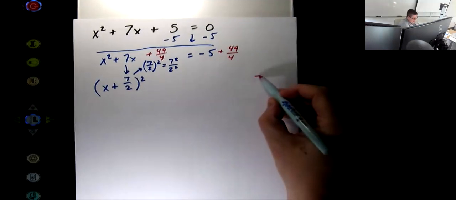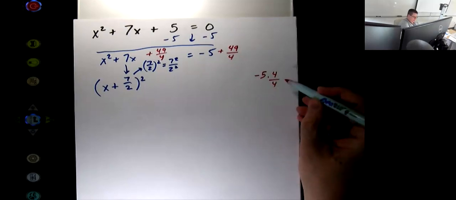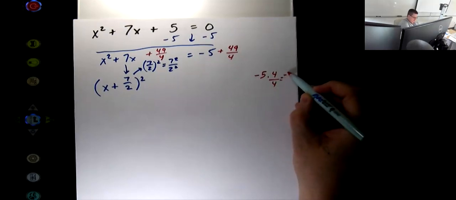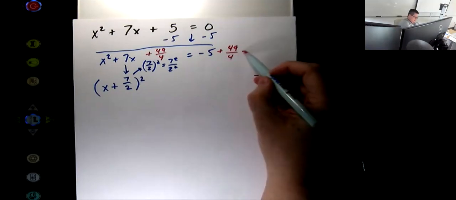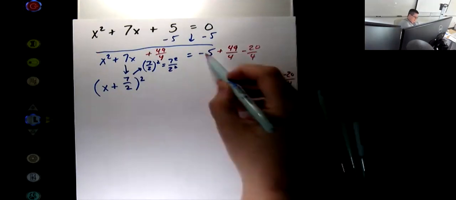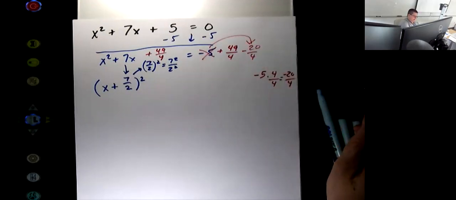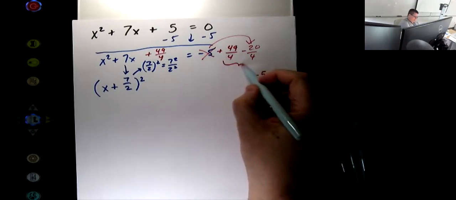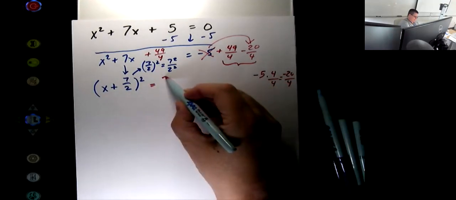If I write -5 with a denominator of 4, I gotta multiply by 4/4, and that would give me -20/4. So I'll put this up here and cross off the -5. So if I add the 49/4 and -20/4, I get 29/4.